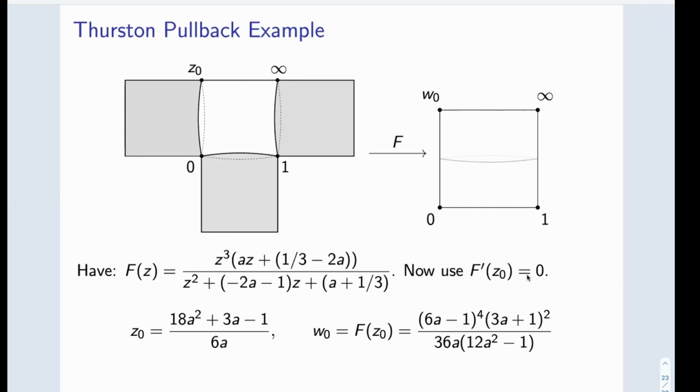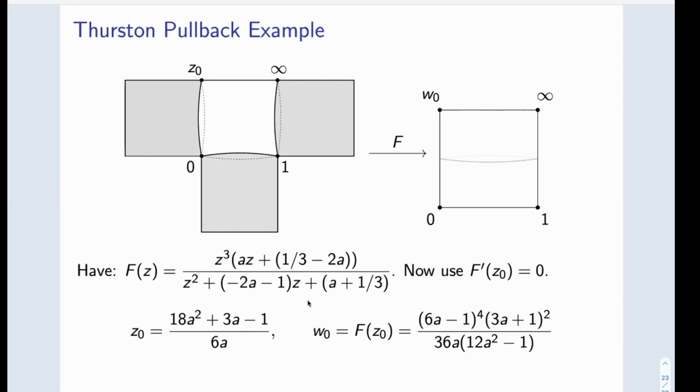Again, I'm not going to write down the algebra for it because taking the derivative of this thing is a bit of a pain. But if you write down the equation and solve for Z0 in terms of A, you'll obtain something like this. And then once you have that Z0 in hand, you can say what W0 ought to be as well, just by taking the image of that point.